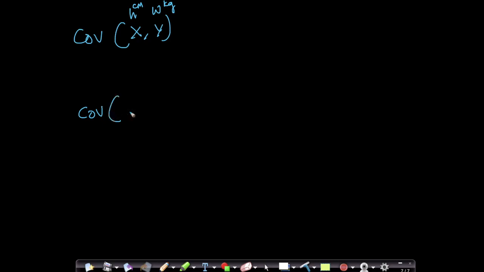From this, let's assume I create two new random variables, x dash and y dash, where x dash is nothing but height in, let's say, feet, and y dash is nothing but weight in pounds or lbs, right? Now for the same data set where you have n observations, these two covariances may not be the same. So by just changing the way you measure the same physical phenomenon, your covariances may not match, which is one of the big drawbacks of covariance.